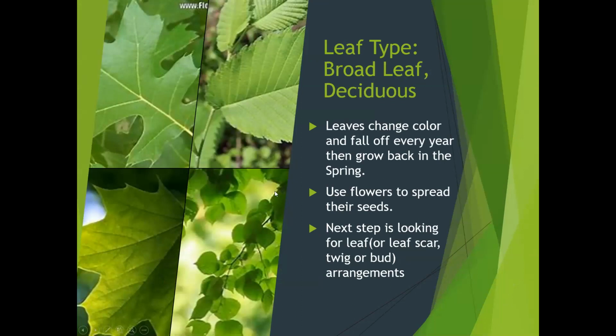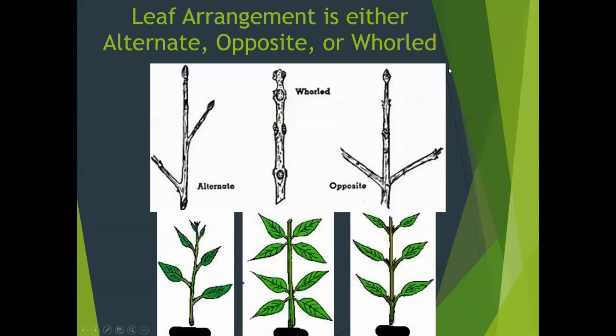And again, they drop their leaves, they use flowers to spread their seeds. And the next step for these is often looking for a leaf scar or twig or bud arrangements, or looking at the bark.